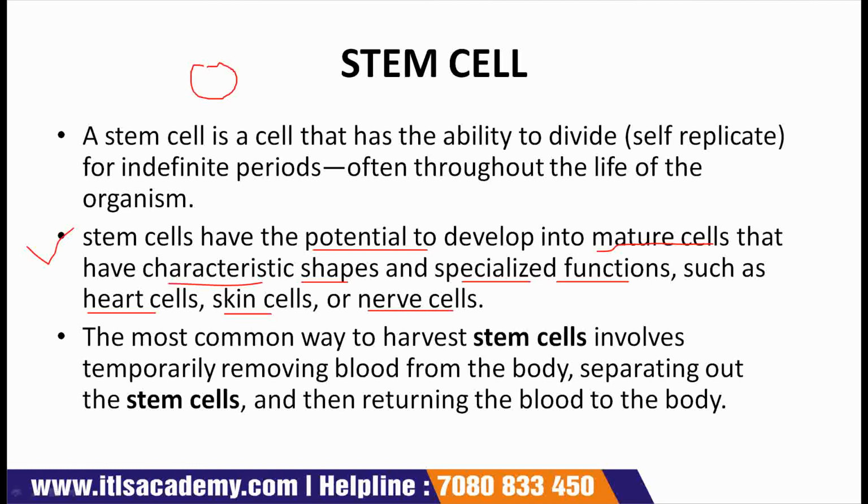When a stem cell divides, it differentiates into various kinds of cells. The process of differentiation is something like this: it divides into two cells. One cell forms the same stem cell as the previous, while the other cell forms a differentiated cell.